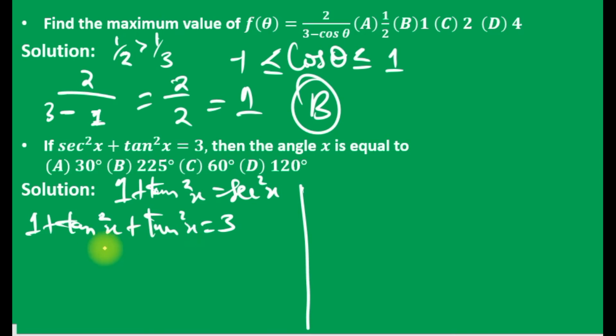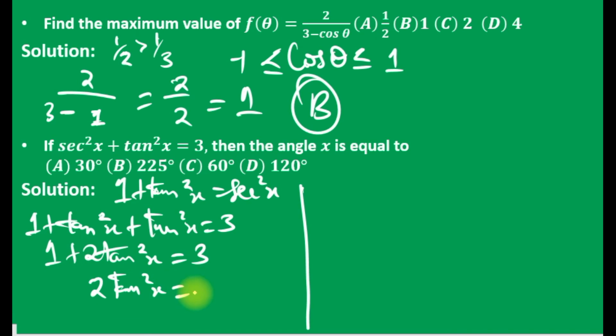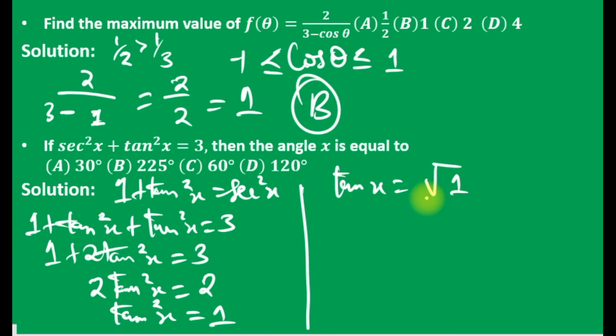And tan squared plus tan squared is 2 tan squared. And 3 minus 1 is 2. So we have 2 tan squared x equals 2, so tan squared x is equal to 1. So tan x is now the square root of 1.